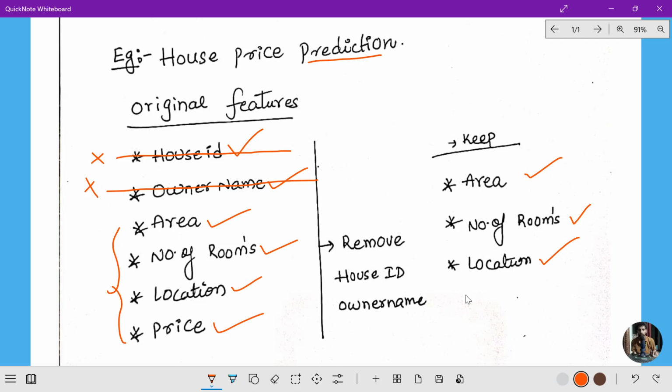We can also write price here. So this is what we call dimensionality reduction. We are going to remove the unnecessary columns and keep only the important or necessary things.